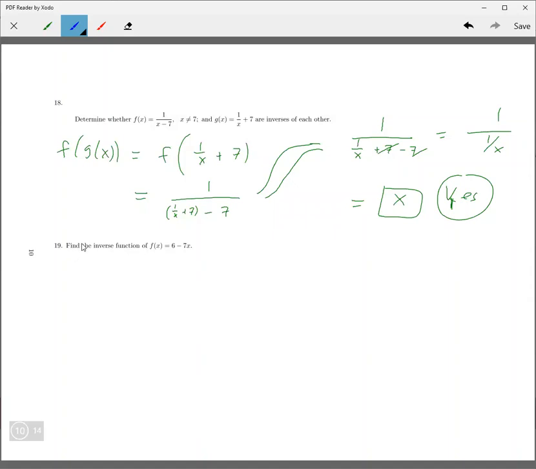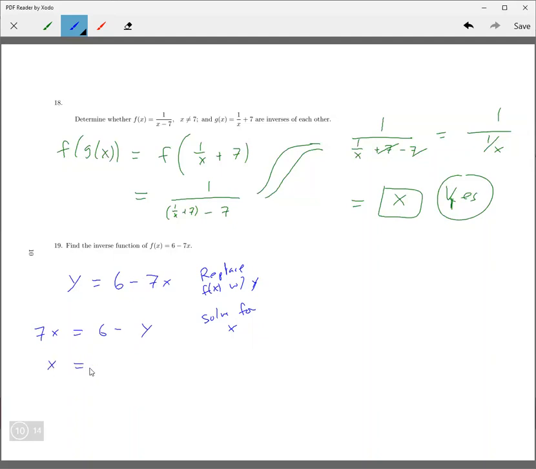Okay, number 19. Here you're getting into, again, how to find inverses. So let's go through the steps. Replace the f with a y. Okay, and then the next one is you're gonna solve for x. This is what the book tells you to do. So I'm gonna bring this 7x over here, bring the y over there, like that.